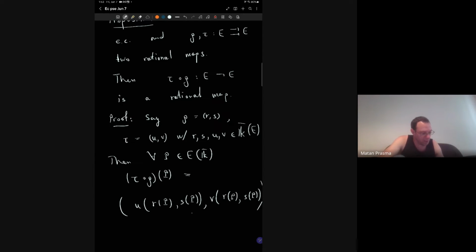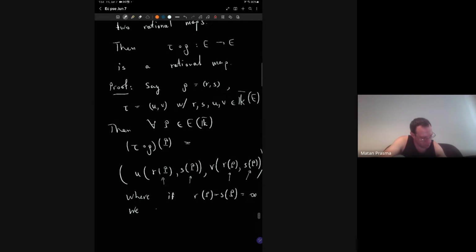And you need to remember that these may take the value of infinity at some point, but if the two coordinates are infinity, infinity, we interpret it as O. We assume that r of P, s of P, like this, is simply the point at infinity.